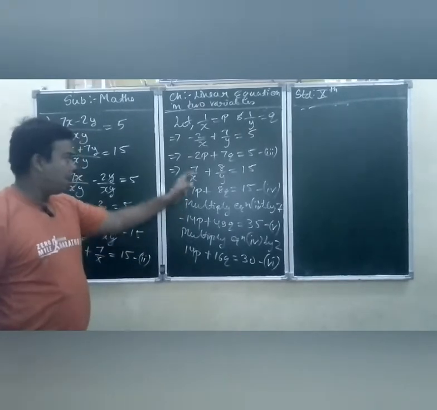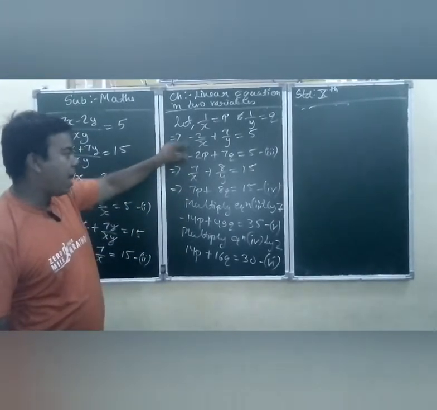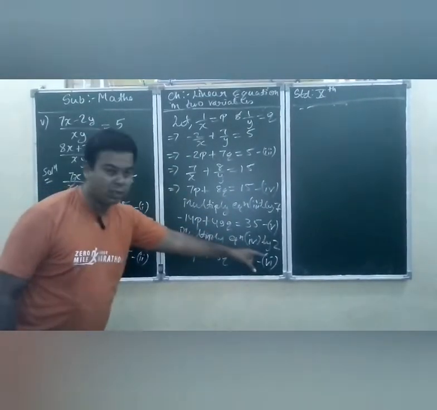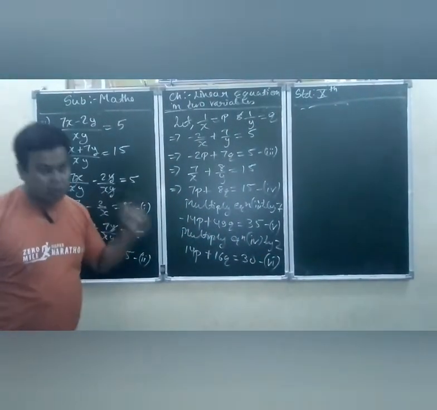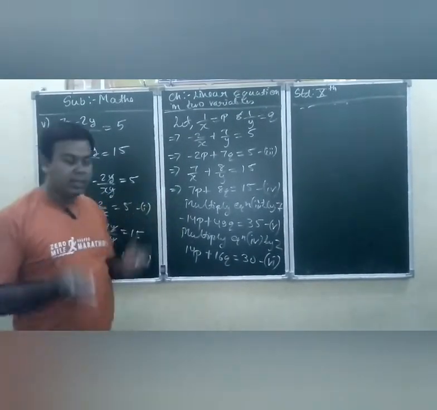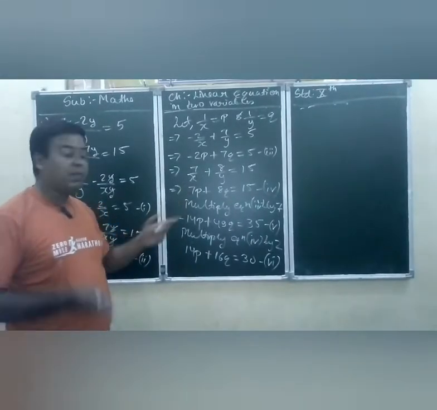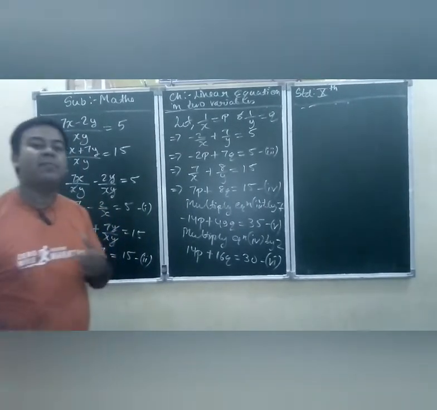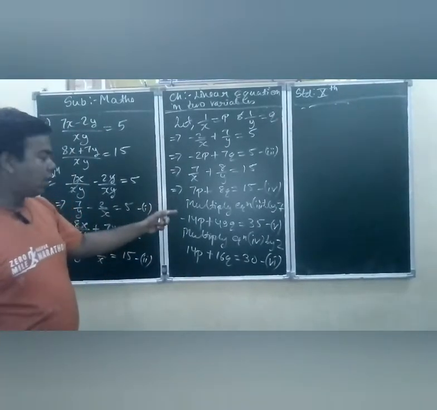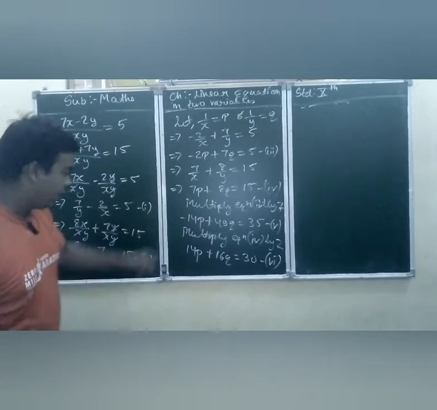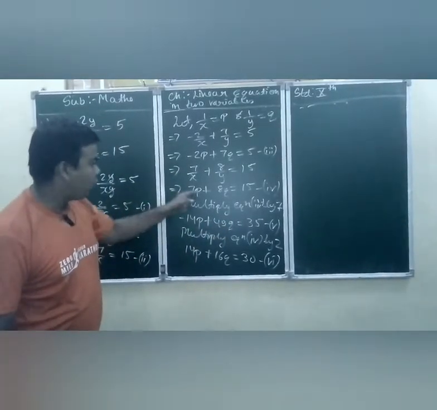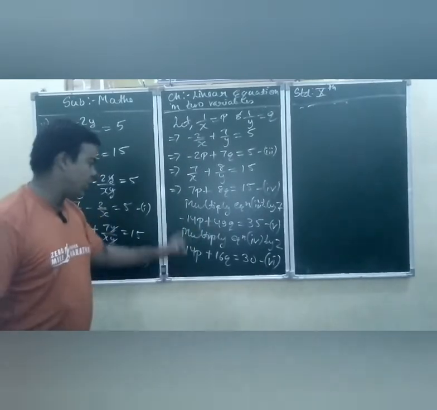That's why we multiply the third equation by 7 and the fourth equation by 2. This is common sense you can use here. If you solve by the elimination method, one term should be the same with opposite signs.